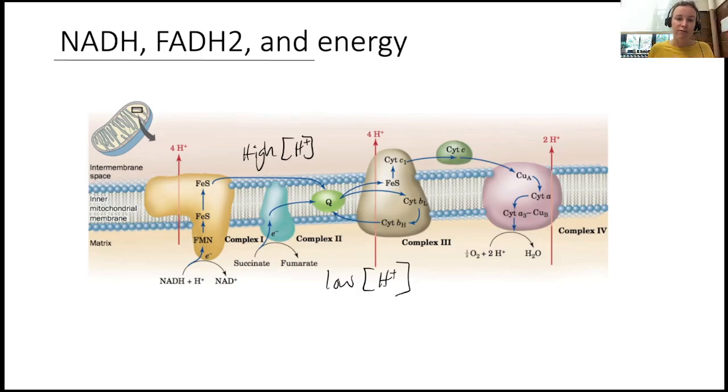We are moving protons from a low to a high concentration, which requires an input of energy, right? So as electrons move through the electron transport chain, they release energy. We can think of that energy as being used to create the proton gradient. The energy literally powers the movement of protons across the inner membrane, from the matrix to the inner membrane space.